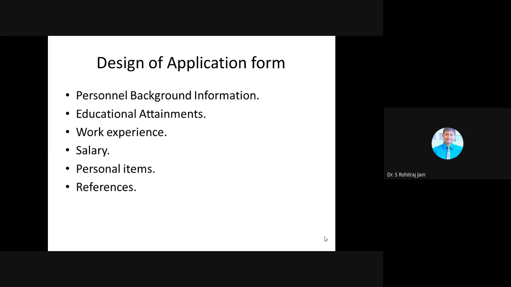So there will be a question: if I recruit a particular candidate, whether he will stick on in my organization for more than 6 months, right? So that clearly indicates that this person keeps on jumping from one organization to another. The moment he gains experience in our organization, then he'll be moving to another organization, right? Then his salary, then the personal items and references.